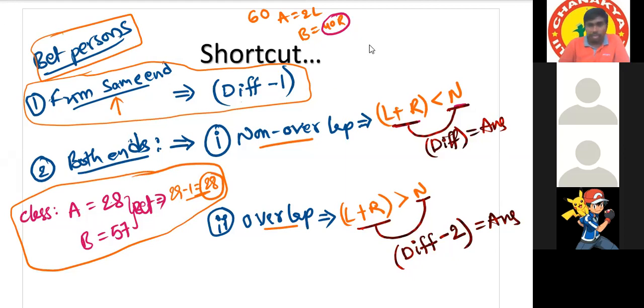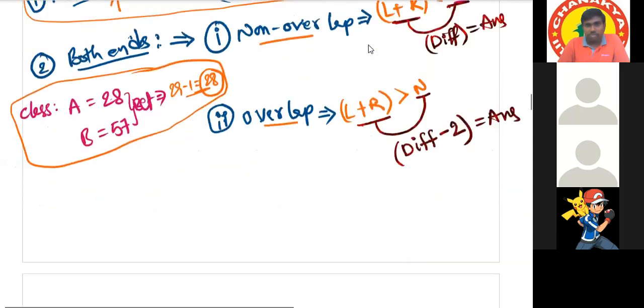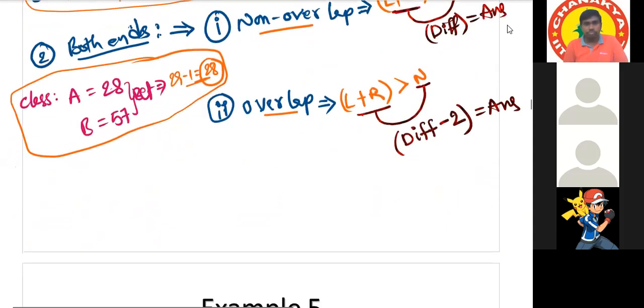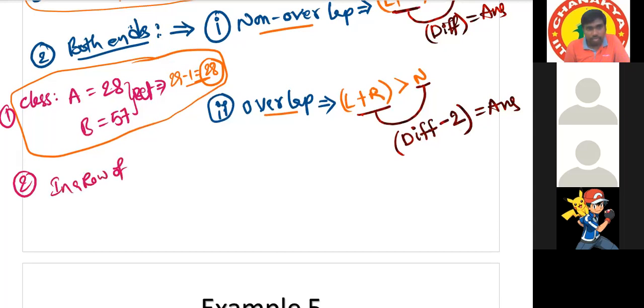Let me ask one more question. In a row of 75, A is 20th from the left hand and B is 40th from the right hand.